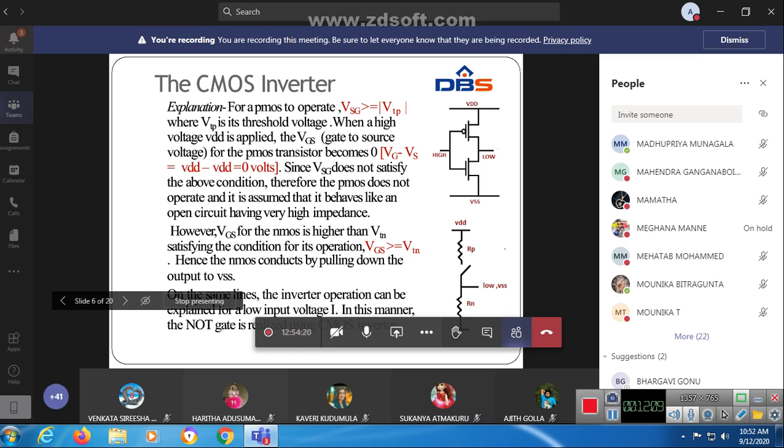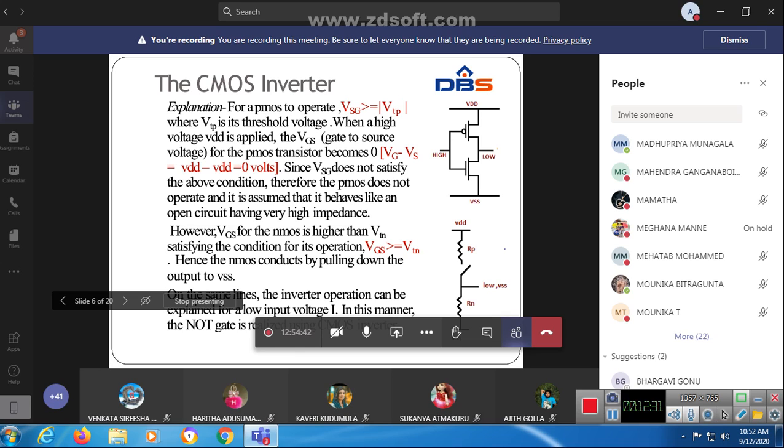The same thing operates here: the condition VGS for the NMOS is higher than VTN. The satisfying condition for its operation is VGS greater than or equal to VTN, that is, greater than the threshold voltage.